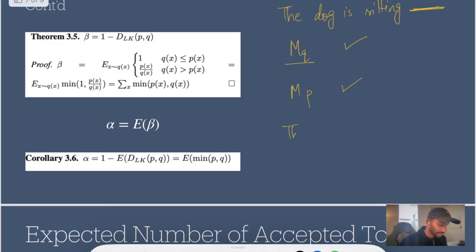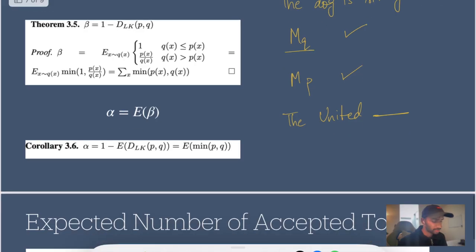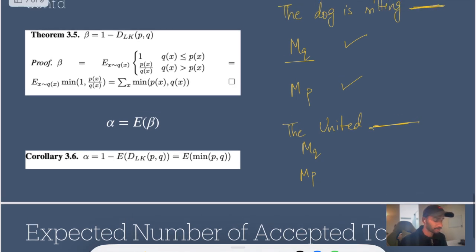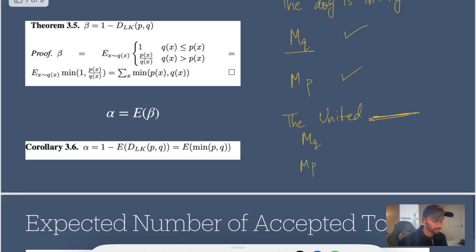Now, if we think about another situation, another context. If this is what we are asking MQ and MP to predict, the word here is more complicated than predicting a preposition. This here is a proper noun. This could have been States, this could have been Arab Emirates, this could have been United Airlines, whatever.